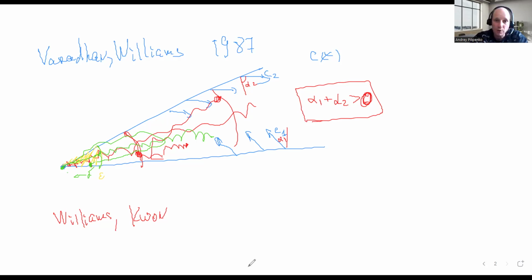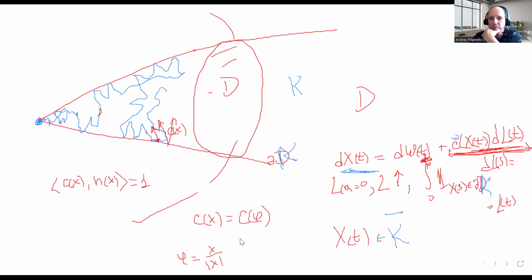At first, I consider some special stochastic differential equation with a reflection vector field that depends only on an angle. But then I also explain how to do it for some small perturbations of this reflection vector field.